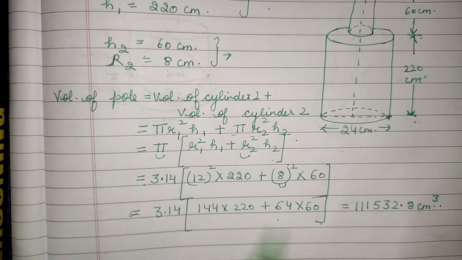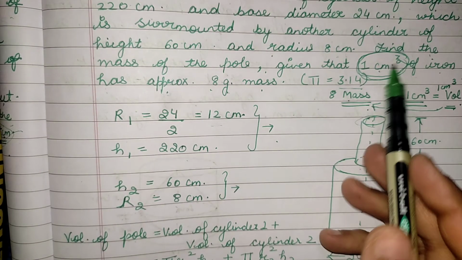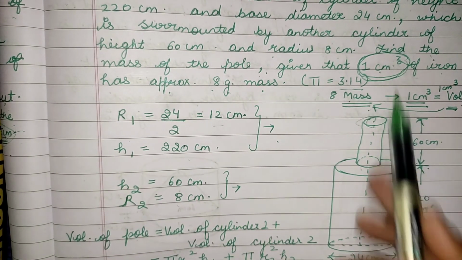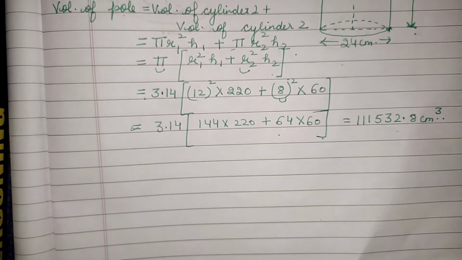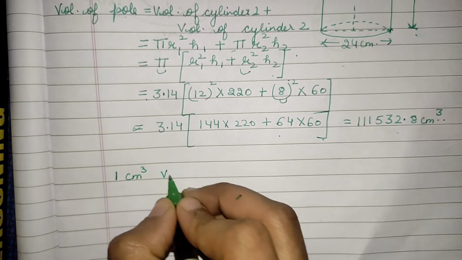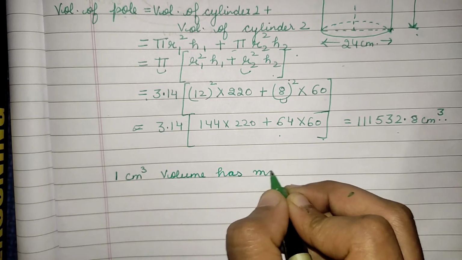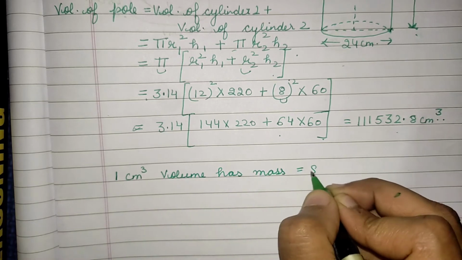But this is not my answer, because they are asking us to find the mass of the pole, not the volume. They are asking about the mass. So what is given to us? That 1 centimeter cube volume has mass equal to 8 gram.